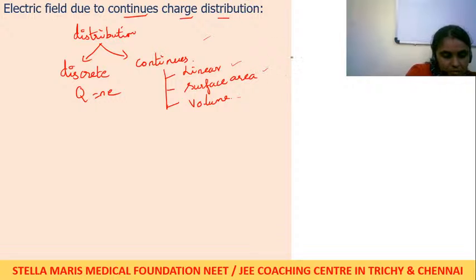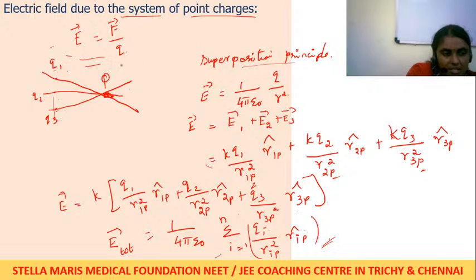First we will find the electric field value for the continuous charge distribution. In the previous case we took a regular shape to find the electric field.